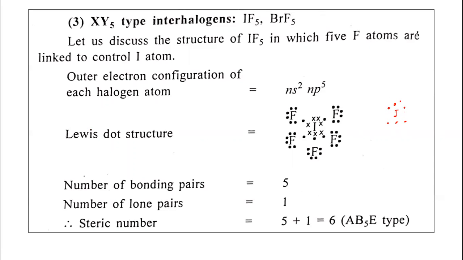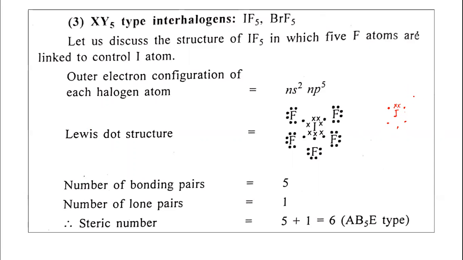Let us represent the correct position of the electrons here, until 2 electrons are remaining. So 2 electrons will be here, the lone pair electrons.